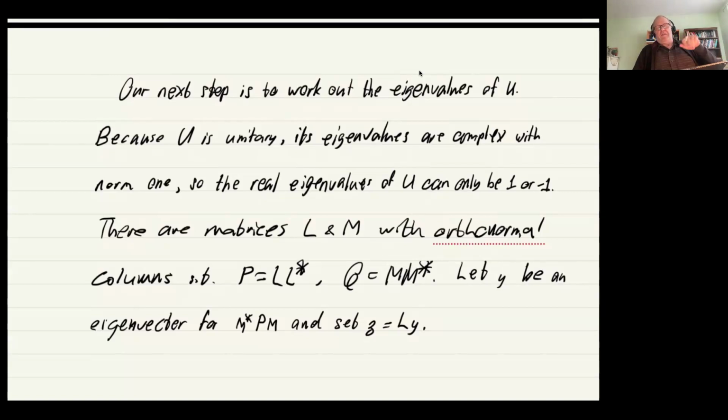And so you can think of the eigenvalues as lying on the unit circle, but they're symmetric top and bottom. So if e to the i theta is an eigenvalue of U, then so is e to the minus i theta. Okay, so that plays a role, at least implicitly, in some things we're doing. So the point is, the complex eigenvalues of U come in conjugate pairs because U itself is real.